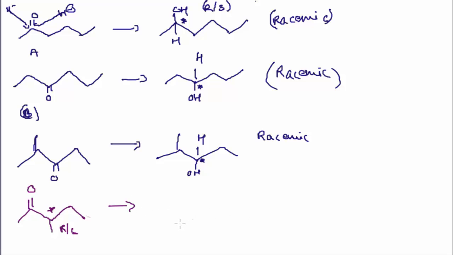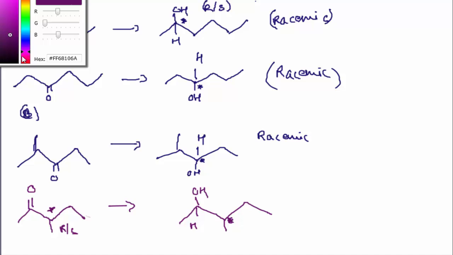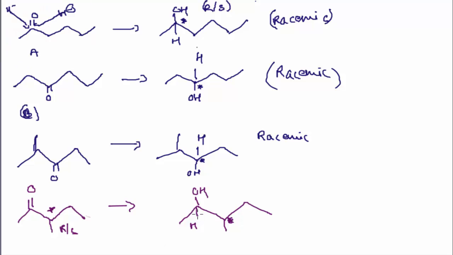now what's going to happen is, see, you are making both the stereoisomers react separately. So if I draw the product for this, there will be an OH here and H here. Fine. And this carbon was chiral previously. In addition to this, this carbon is also going to become chiral.